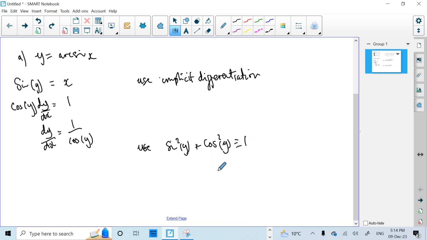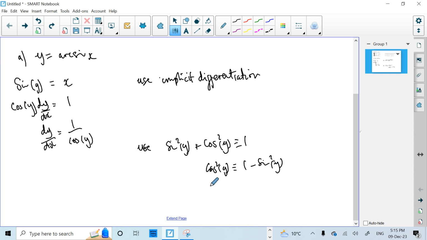Since sine y is equal to x, we need the identity rearranged so that we have cos y. So cos squared y is identically equal to 1 minus sine squared y.